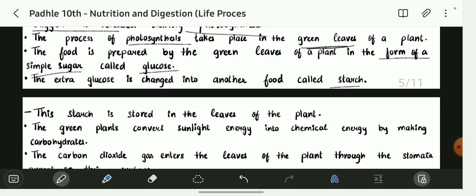For example, if we need 350 grams of sugar per month, but we have 500 grams, then 500 minus 350, how much is it?